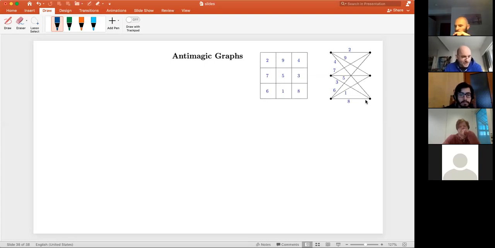I said sometimes it's good to move back and forth from this sort of geometric world to this world of semigroup algebras and try to think about things a little more abstractly, and this is motivated by a conjecture in graph theory. It's called the Antimagic graph conjecture.